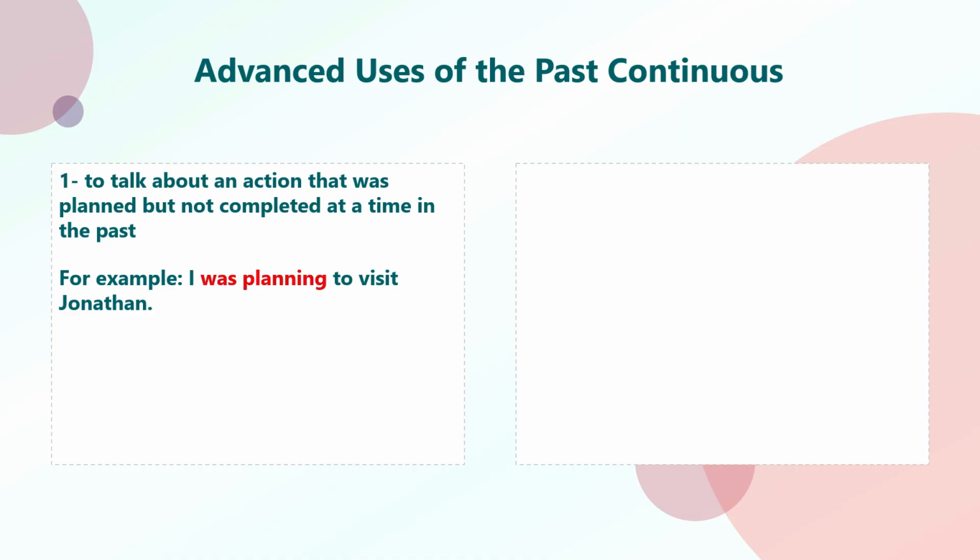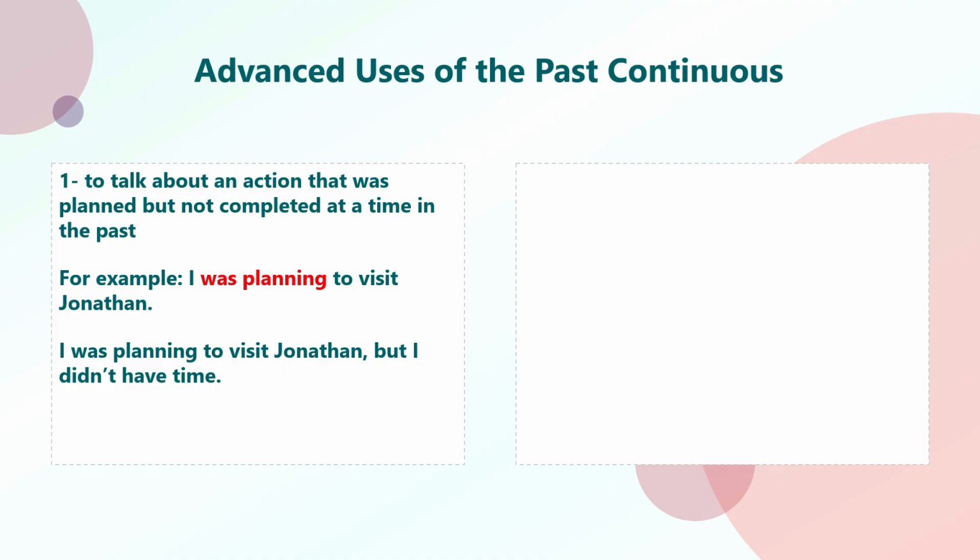So we say, I was planning to visit Jonathan, but I didn't have time. Notice that I didn't have time is past simple because it refers to a specific point in the past, while the planning or thinking was ongoing, which is why we use past continuous.